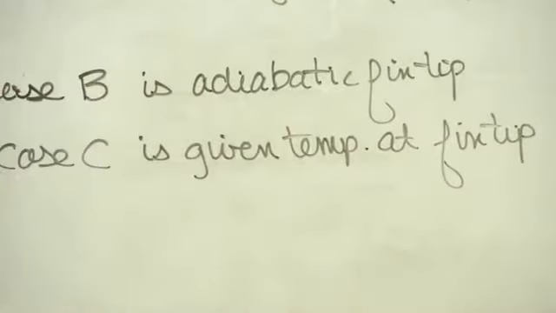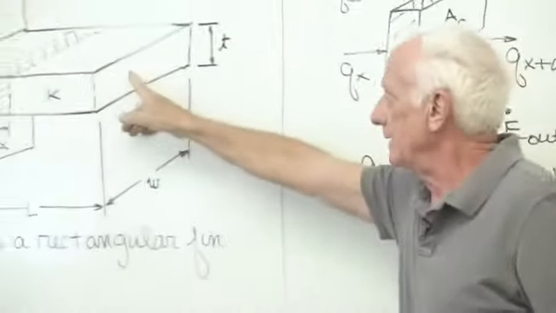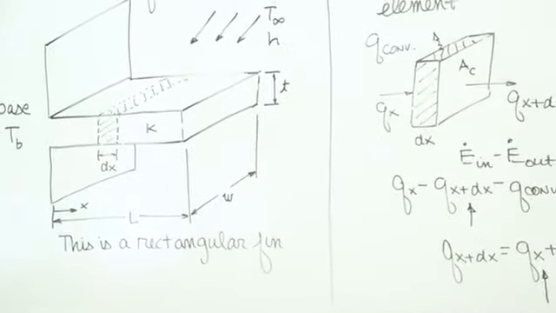Like if someone said, okay, the base is at 200 degrees Fahrenheit, the fin tip's at 105 degrees Fahrenheit. They gave me the temperature of the fin tip, that's case C.